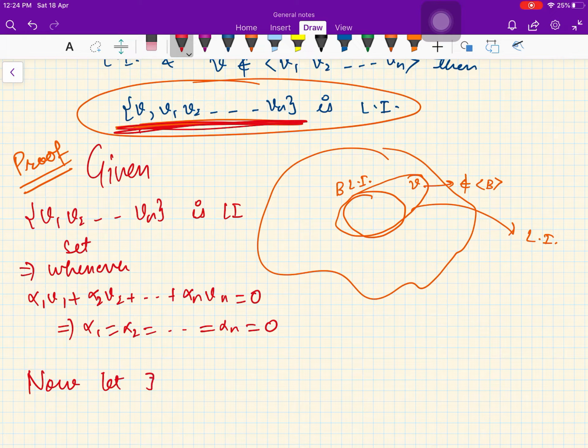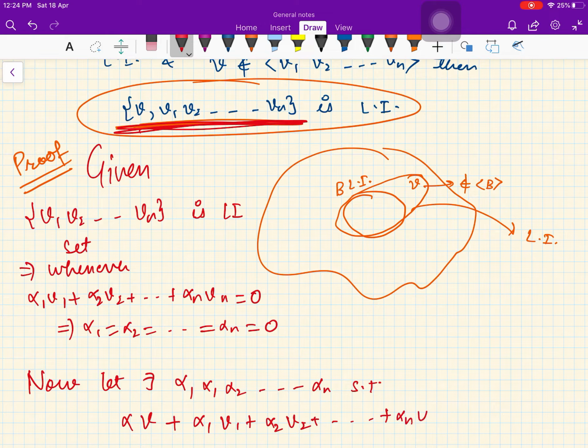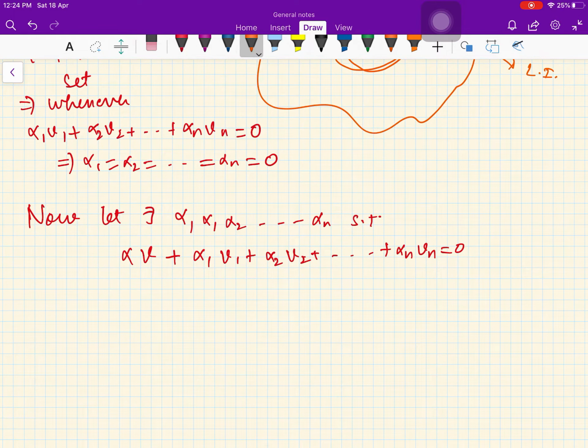Now I need to prove this. Now let there exist alpha, alpha 1, alpha 2, alpha n such that alpha into the first vector v plus alpha 1 into v1 plus alpha 2 into v2 plus so on alpha n vn equal to 0.